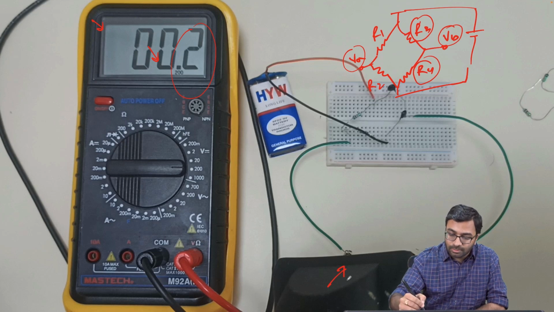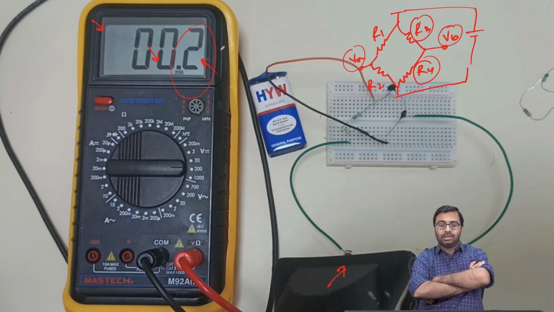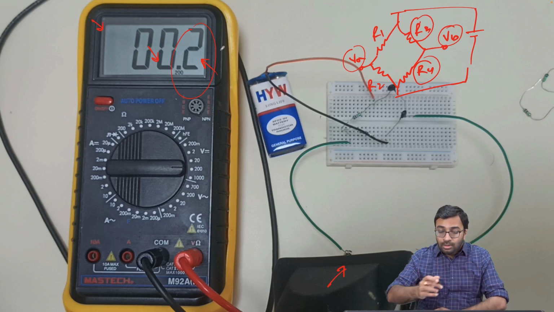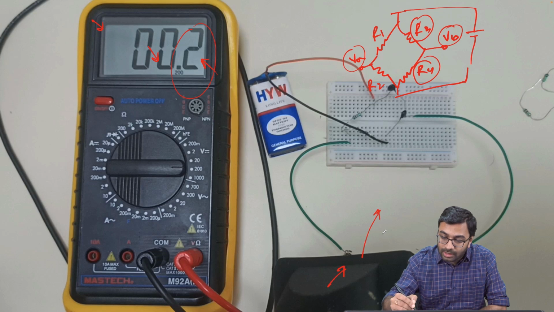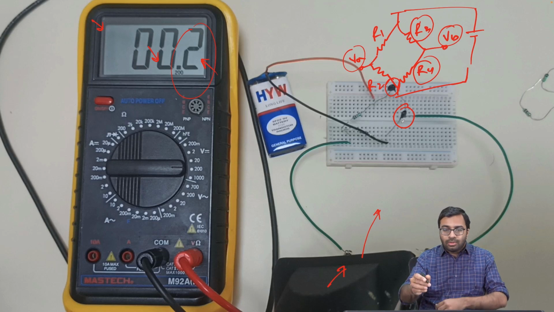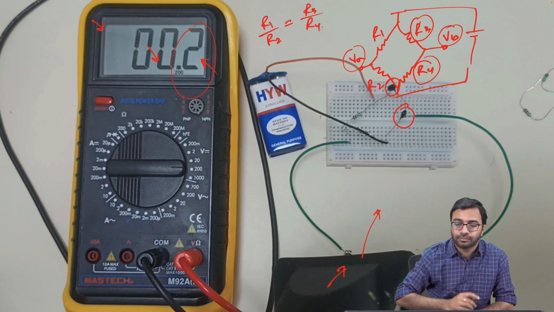But the voltage that you can see in the multimeter is not very high, because when you apply hot air, this will change the resistance of both the resistors. So the relation R1 by R2 will be almost equal to R3 by R4.